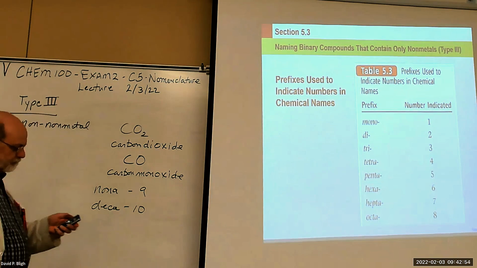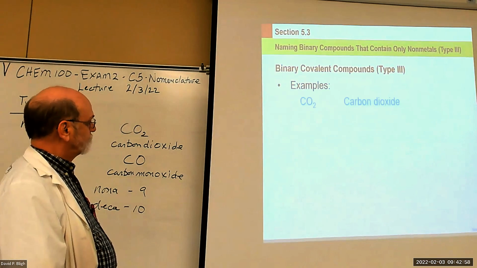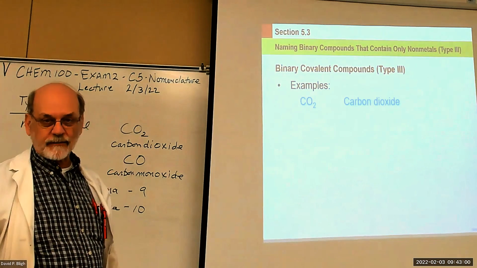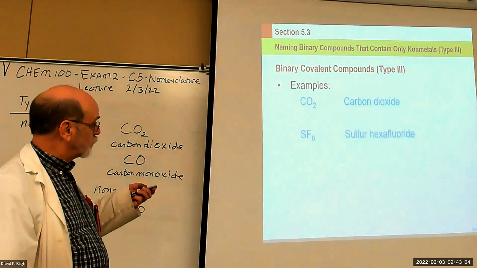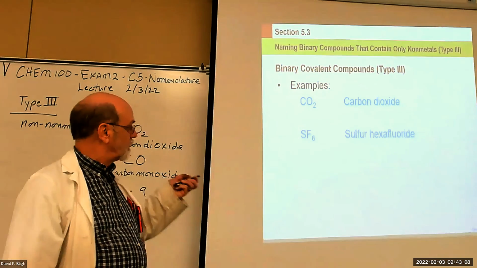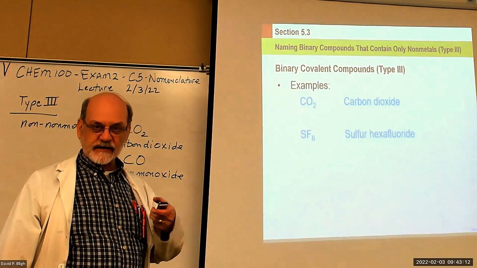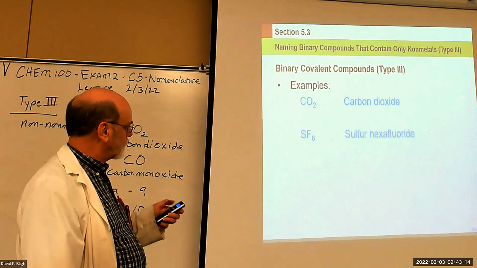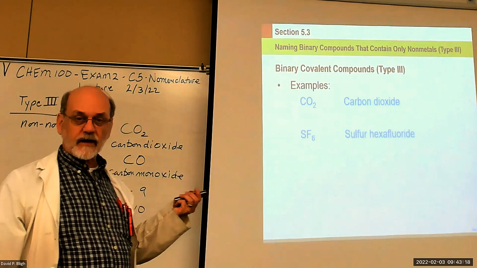We've already done that example, carbon dioxide. This will be sulfur. We don't say mono, it's just one sulfur. Sulfur hexafluoride, hexa meaning 6. And notice in this case, the convention is followed.